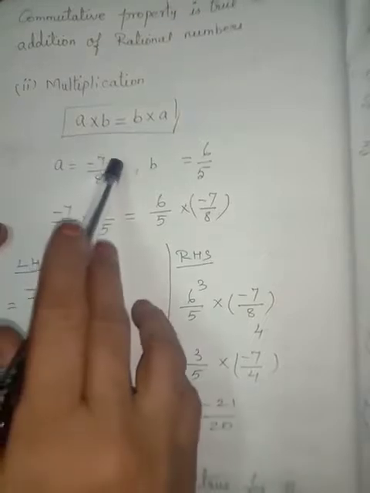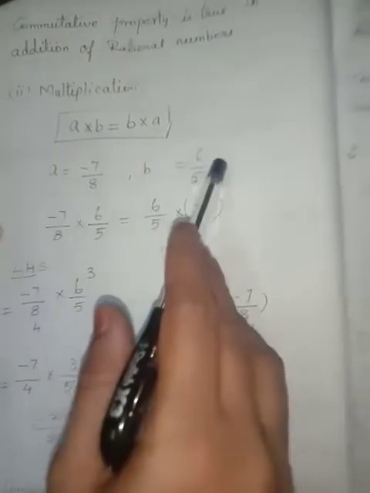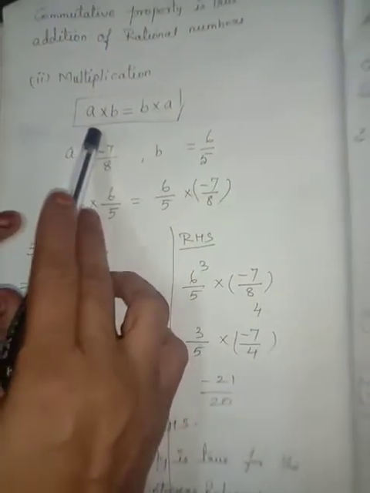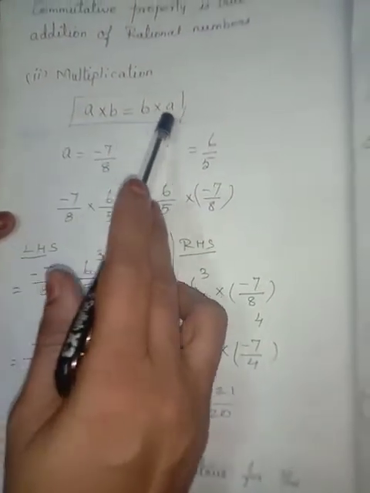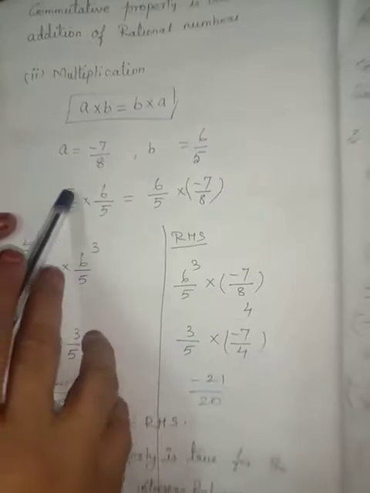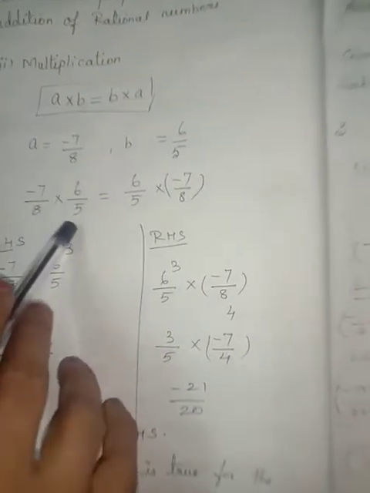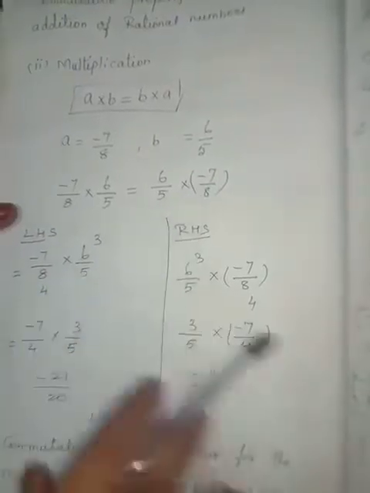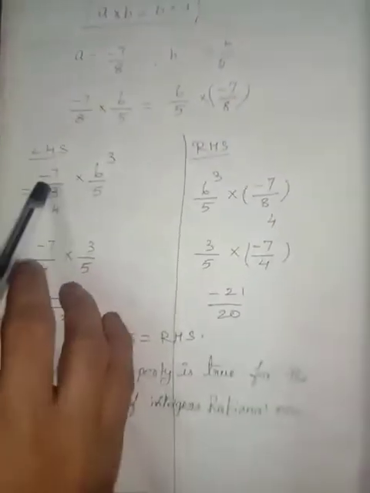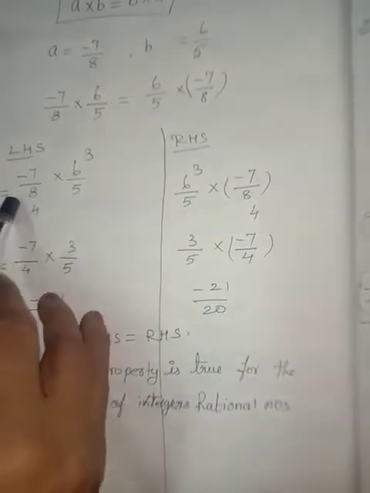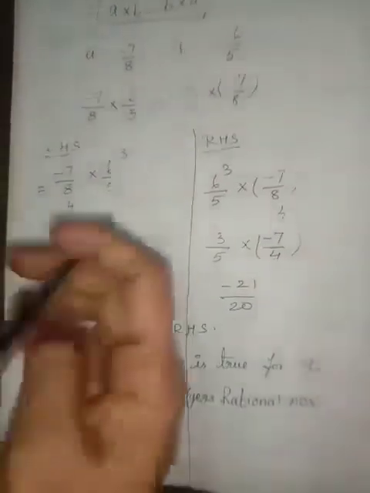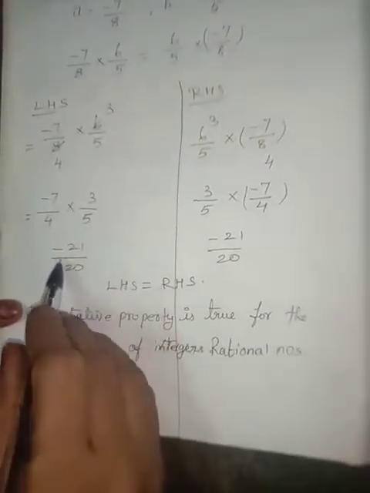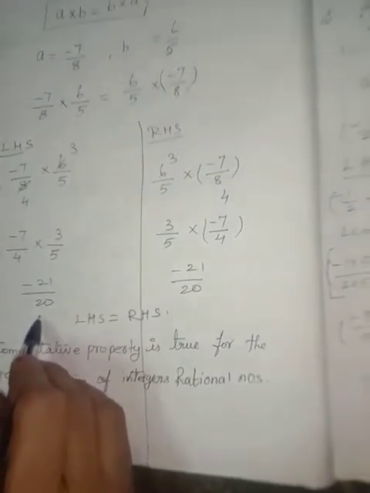We take a is equal to minus 7 by 8 and b is equal to 6 by 5. So substituting in a cross b and b cross a, we get minus 7 by 8 into 6 by 5, that is equal to 6 by 5 into minus 7 by 8. On the left hand side, simplifying the numerator and denominator and writing the result of the product, we get minus 21 by 20.